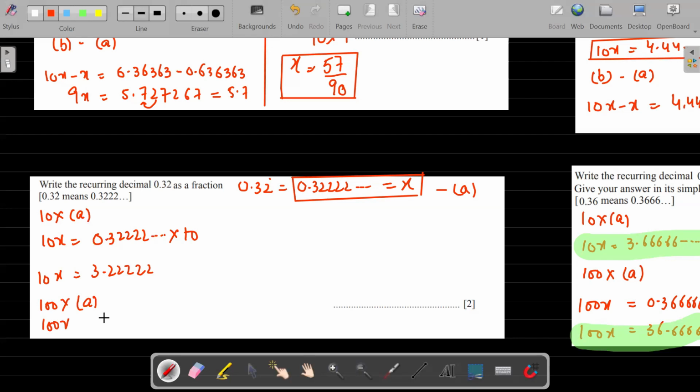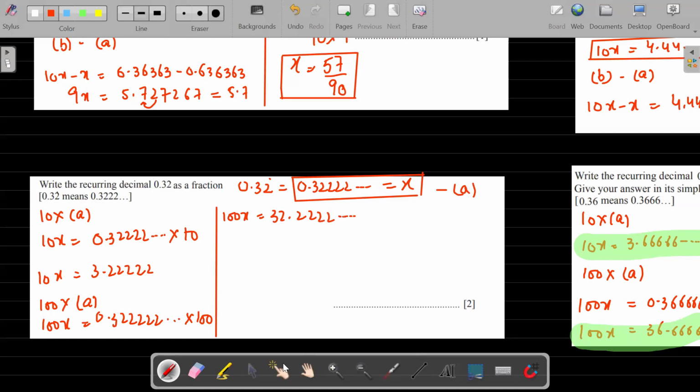So I will get 100x equals 0.3222 and so on, times 100, and it will be 100x equals 32.2, and so on.